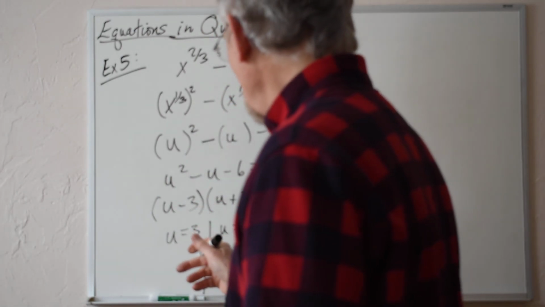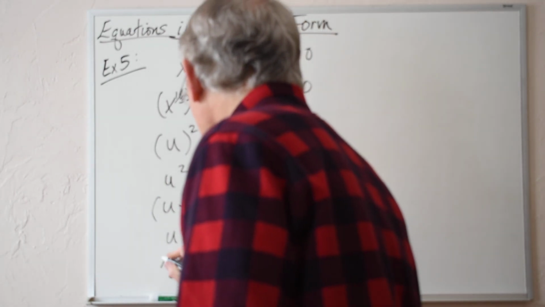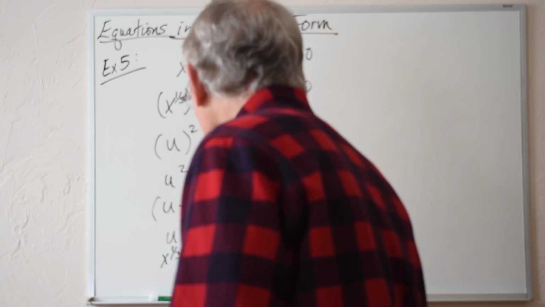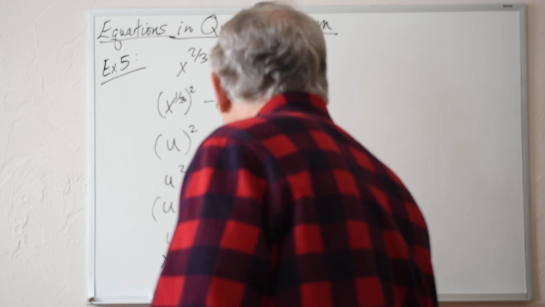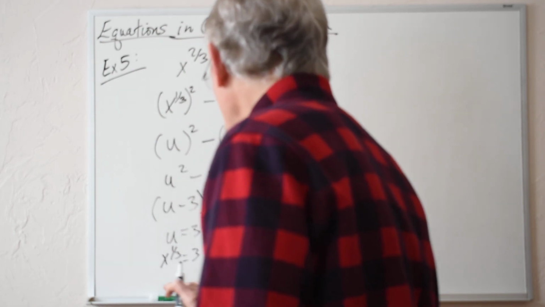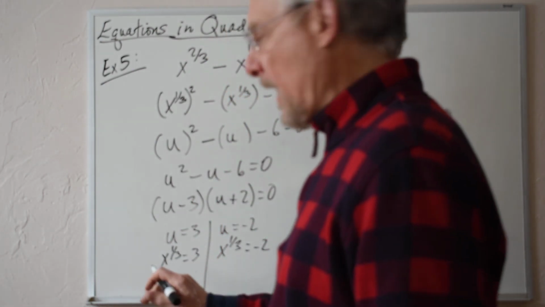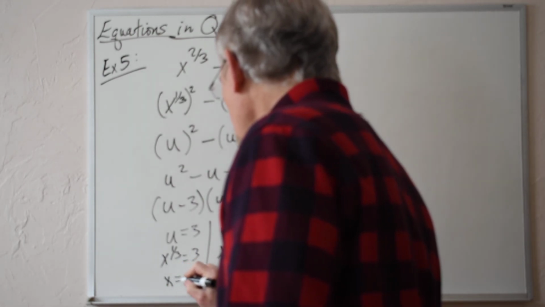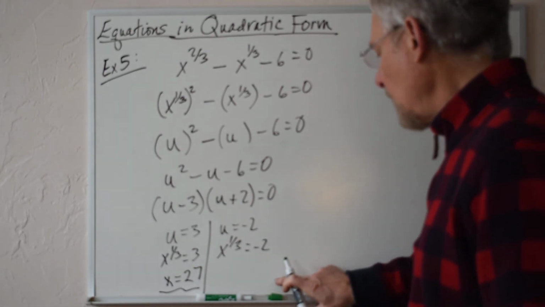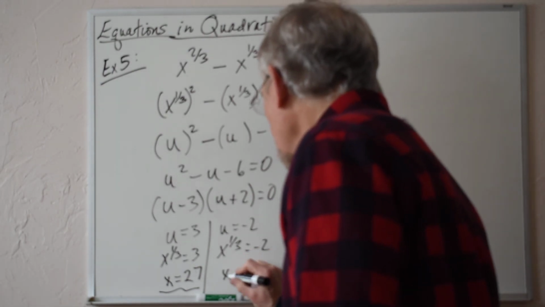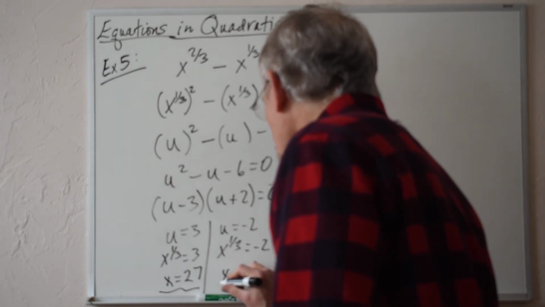Then I have to substitute back. This says x to the 1/3 equals 3. X to the 1/3 equals -2. So if I cube each side, I figure out that x is equal to 27. If I cube each side over here, I figure out that x is equal to -8.